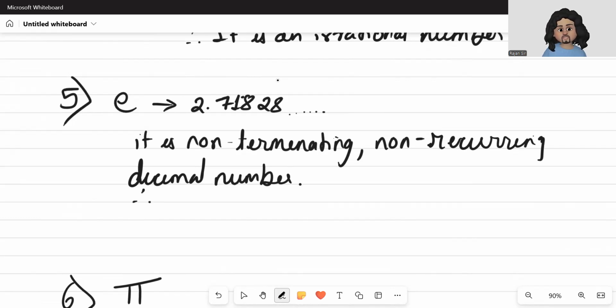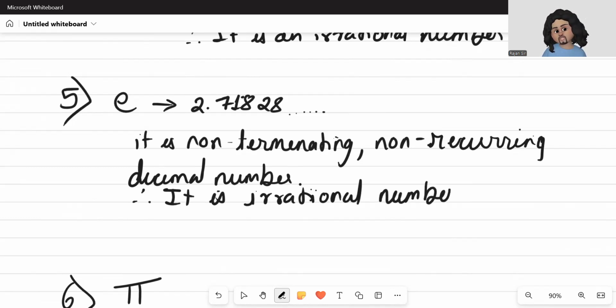Therefore, by definition, non-terminating and non-recurring is a definition of irrational number. So therefore, it is an irrational number. For general knowledge, just remember, e is an irrational number, pi is also an irrational number.